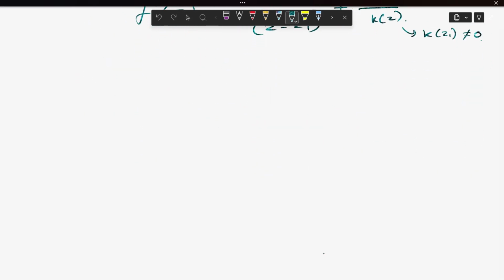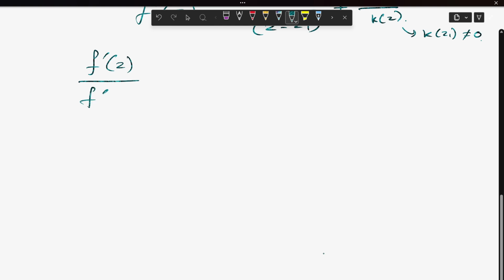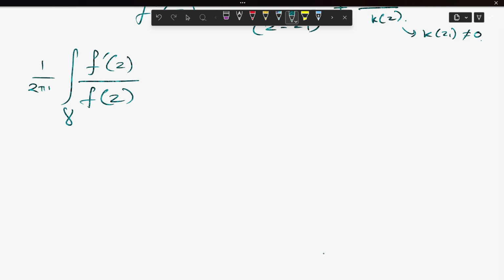Okay, so now we are going to apply the residue theorem to our new integrand. Since g is analytic everywhere, we can use the residue theorem here.